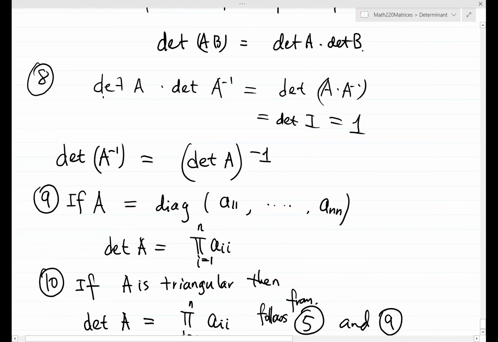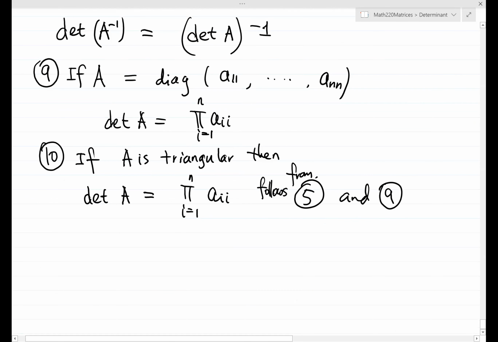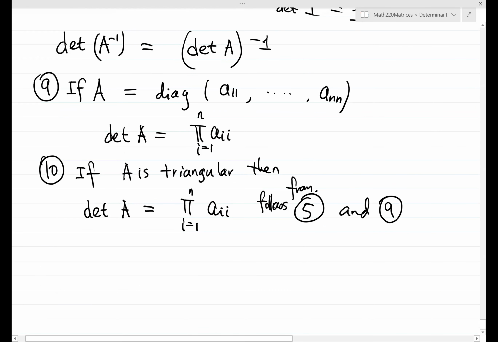The determinant of A inverse is the inverse of the determinant of A. Properties 9 and 10 are about diagonal or triangular matrices. Now we do several examples for determinants.